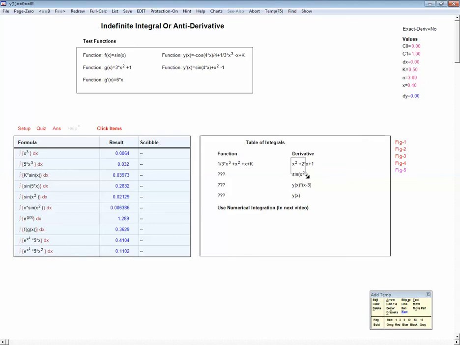Our formulas up to now have always just been functions of x, but we can also stick a y in there and say our derivative now depends on both y and x, and ask ourselves, what's the antiderivative that will differentiate into that? It's a valid question, and we'll see some examples where this will become a little clearer. But again, you probably can't do that. You can't go to a table and find this on the table and it'll tell you what the antiderivative is.